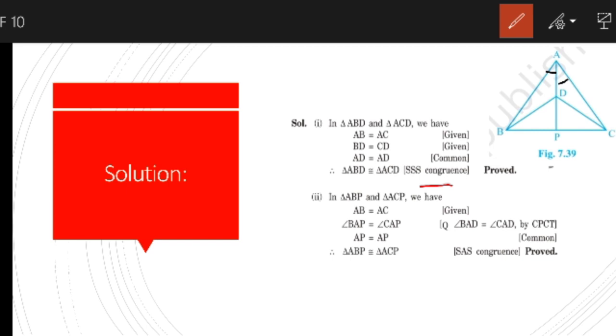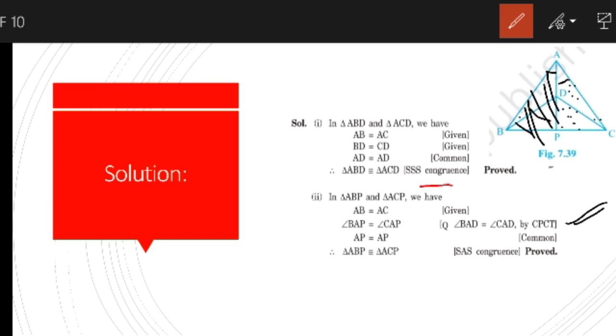Now when we are coming to the big triangle APB, that is this one, and the dotted triangle APC, here AB and AC are equal, that is from isosceles triangle. Angle BAP and CAP are equal.